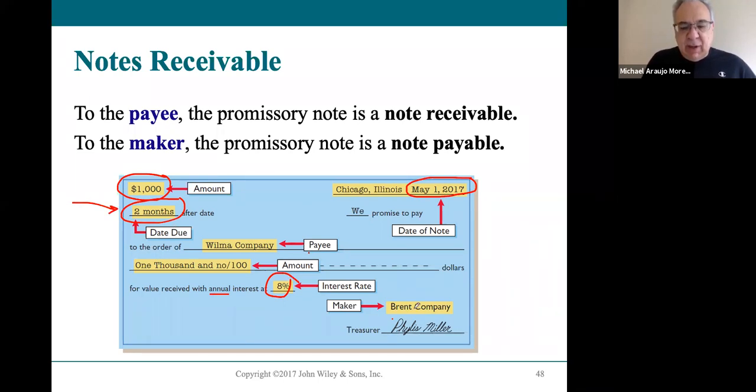So this means that Brent company owes Wilma company this money. If you're the one who is signing off on the loan, you're the one who owes it. You need a loan, so you owe it. And so they promise to pay Wilma in 2 months.